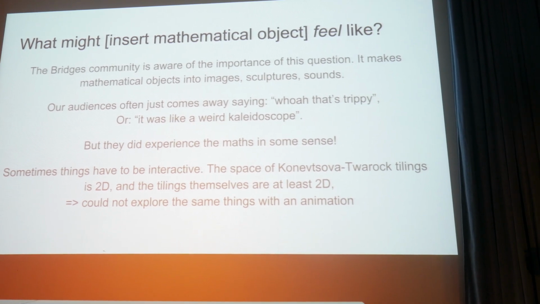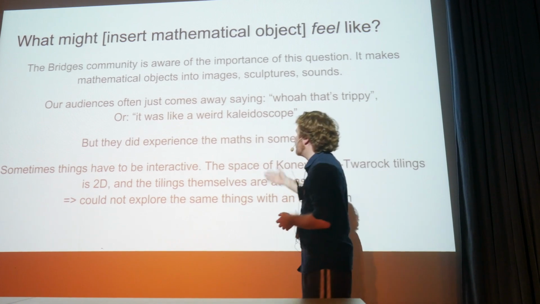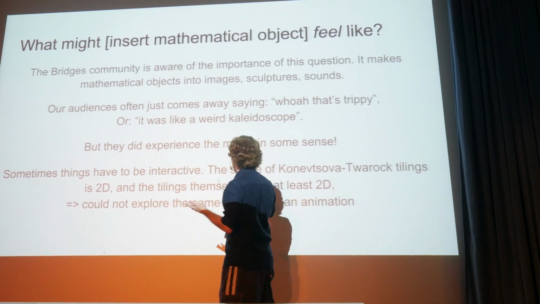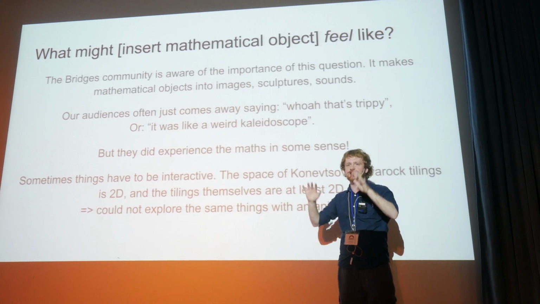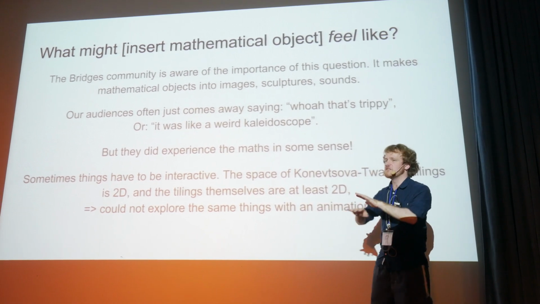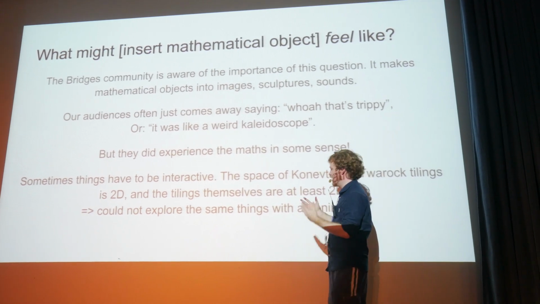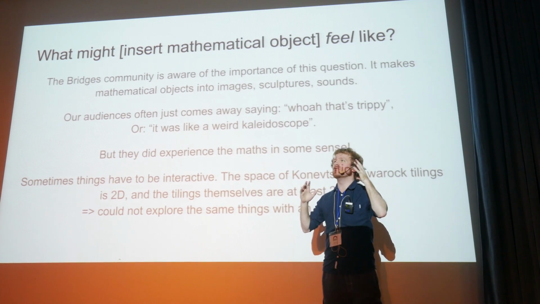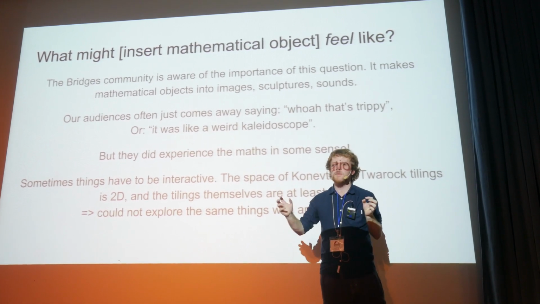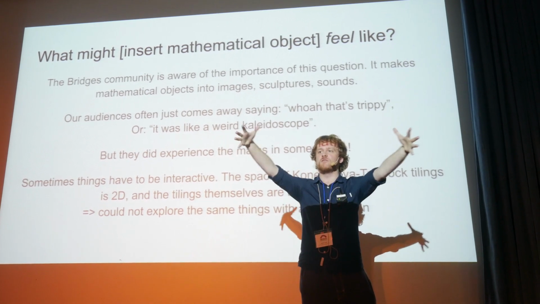I might say to you that interactive stuff can emerge quite naturally from this goal. Sometimes things have to be interactive, so the space of these tilings, these spherical tilings I'm talking to you about, the space of them is two-dimensional, and the tilings themselves are at least two-dimensional. If the space of them was one-dimensional, I could just show you an animation of one of them growing into others.